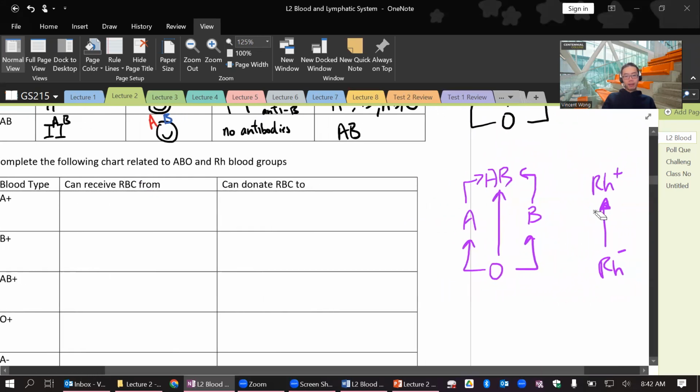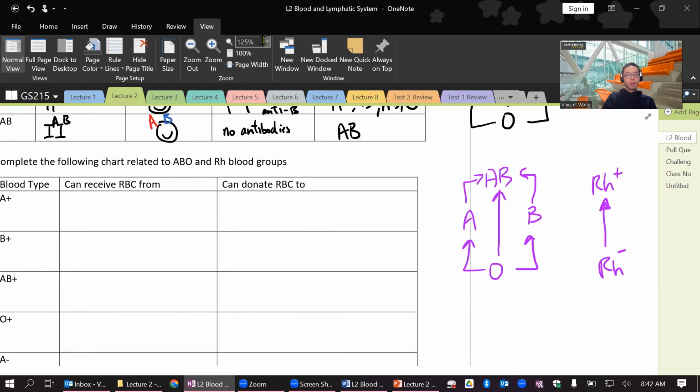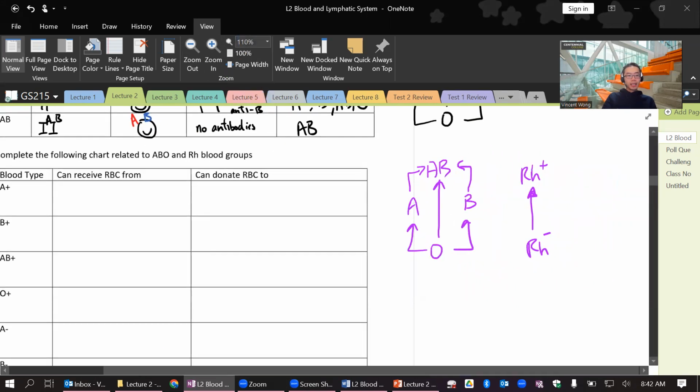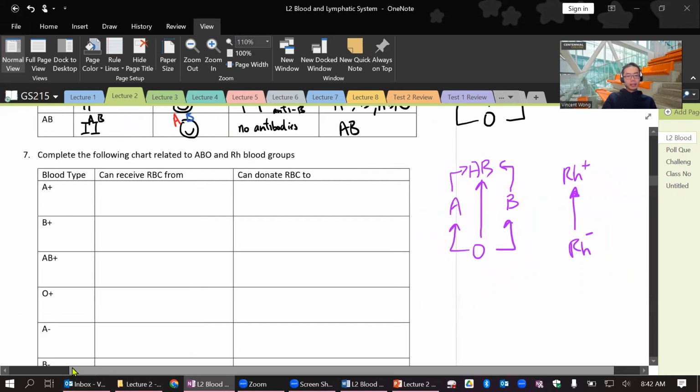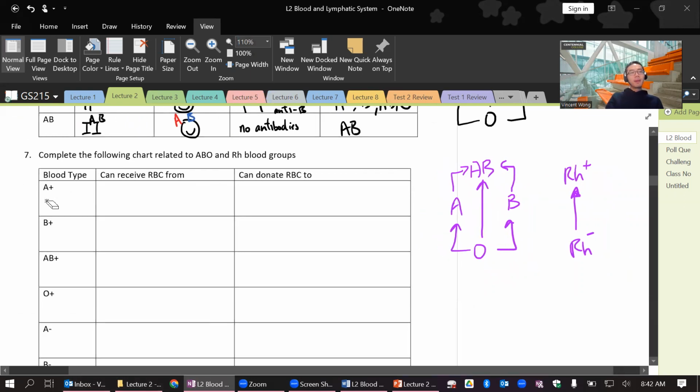Like I said, having those nearby when you're doing your test will probably help. There we go. So if you're A positive, who can you receive red cells from? We look at the ABO chart and see everything that points to A. Only O points to A. So you can receive from O, and you can also receive from other A's.